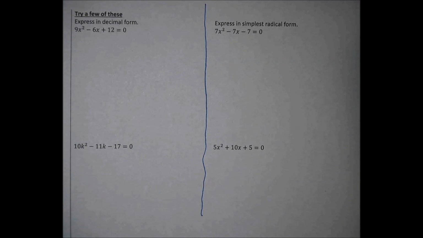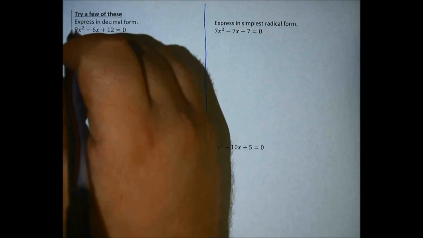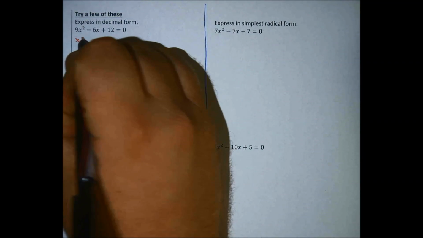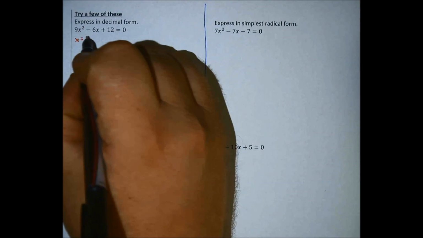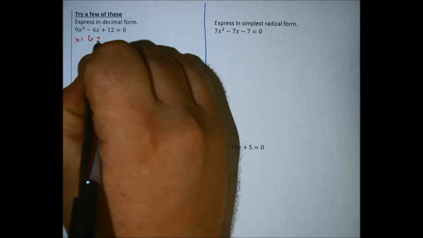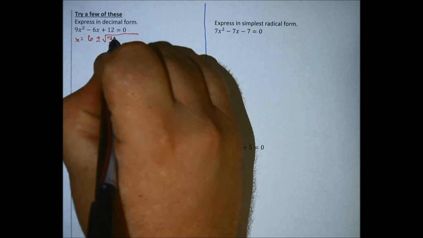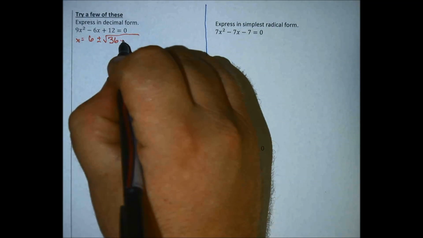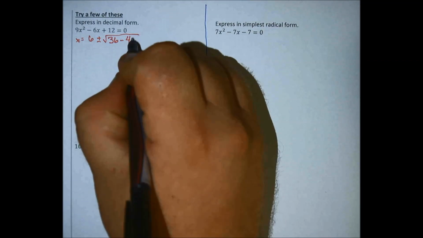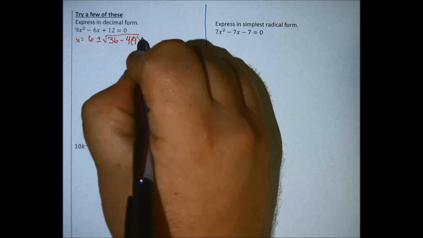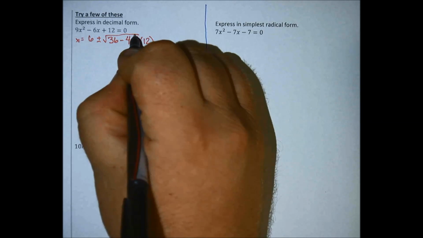Okay, welcome back. Hopefully those went okay. So on the left-hand side, I'm using decimal form. I'm going to say x equals negative b, so negative 6 is positive 6, plus or minus the square root of negative 6 squared, which is 36, minus, I'm going to write this out, 4 times 9 times 12.